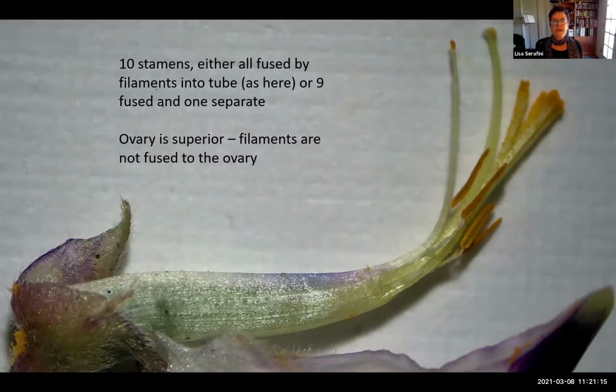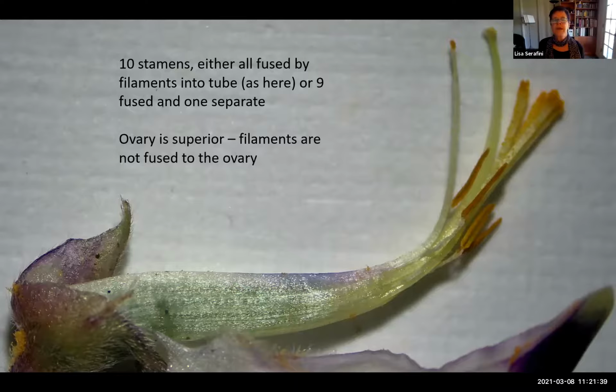So in this subfamily, we're going to have 10 stamens, all right? And they're fused by their filaments into a tube that surrounds but is not fused to the pistil. Okay, so the ovary is still superior, but we have this fusion of the filaments around it. Now, there's 2 ways they can be fused.